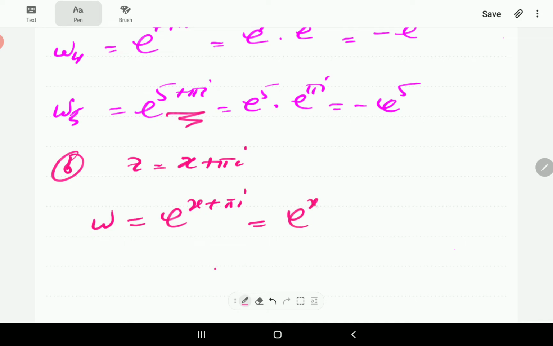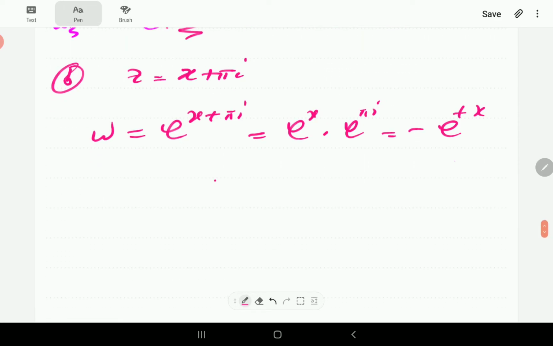It's just going to give us e to the x times e to the πi. e to the πi is negative 1. So this is just going to be the negative of the exponential of x, and this is a real negative number.